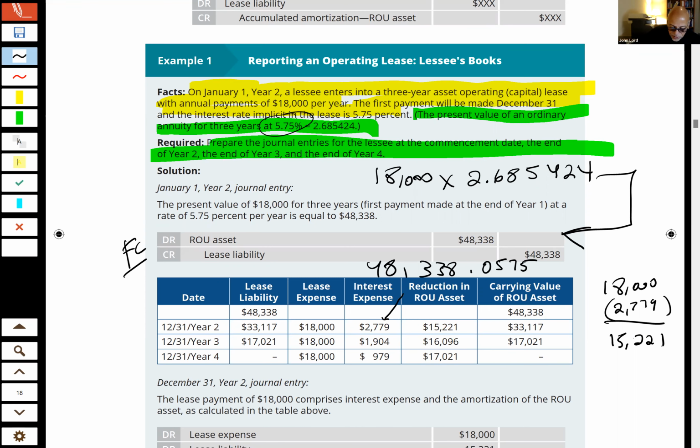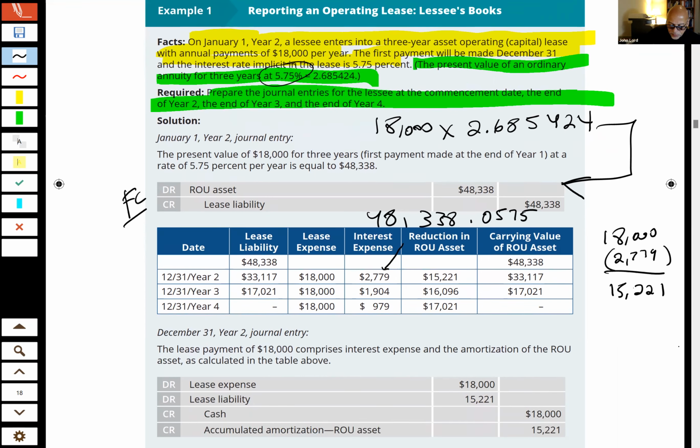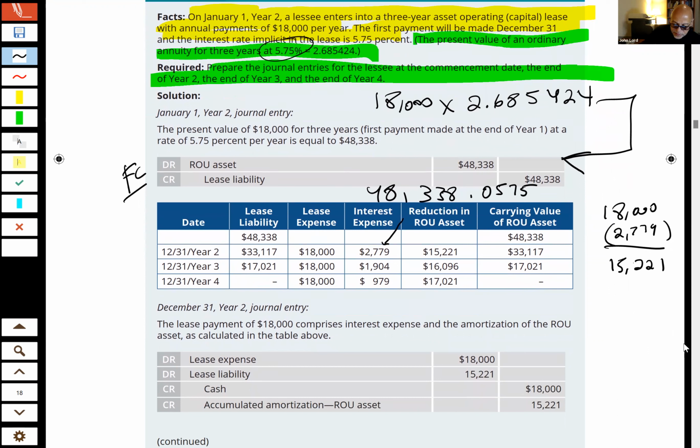Okay. So now when I report my lease expense, notice, guys, it is the sum of the reduction in the liability and the interest expense together. They call that whole amount, that 18,000, lease expense.